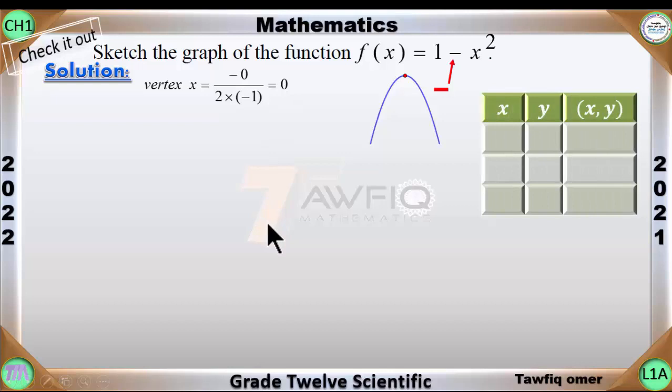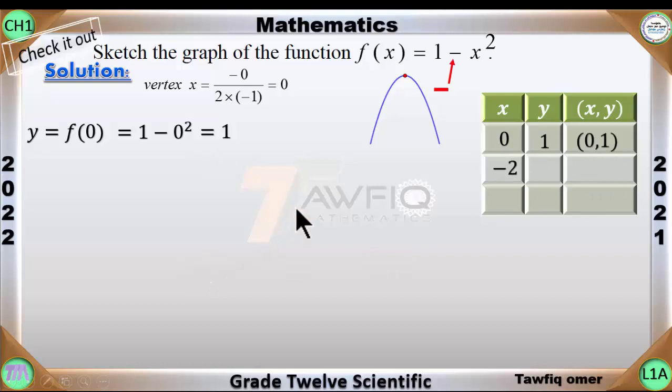And now we must take another 2 points for drawing the graph. First of all, we must find y equal f of 0, which equal 1 minus 0 square equal 1. Then the vertex is 0, 1.